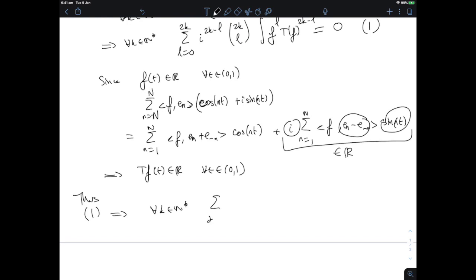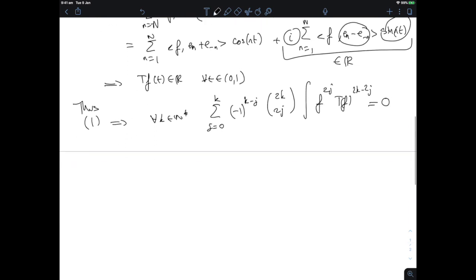So let's say j running between 0 and k of i to the power 2k minus 2j, which is minus 1 to the power k minus j, 2k choose 2j, integral of f to the power 2j times Tf to the power 2k minus 2j. This has to be 0. And now I'm going to reorganize that, putting on the other side the case j equal to 0. And what will I get?